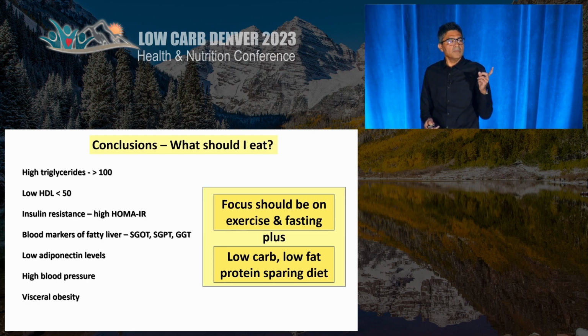I would like to submit that the initial focus should be on fasting and exercise, and perhaps until their blood markers improve, they should be on a low carb, low fat, protein sparing diet.